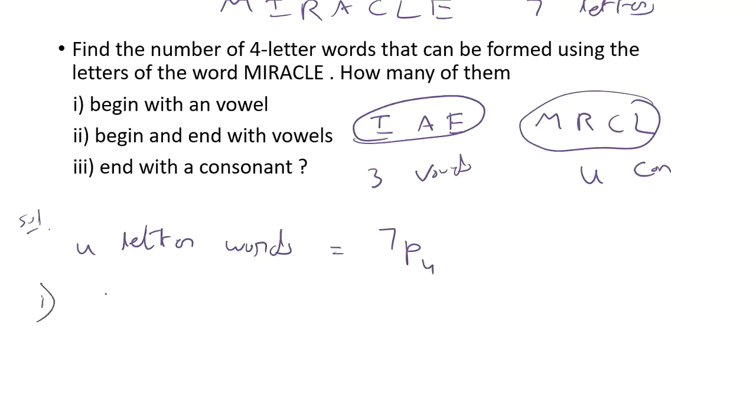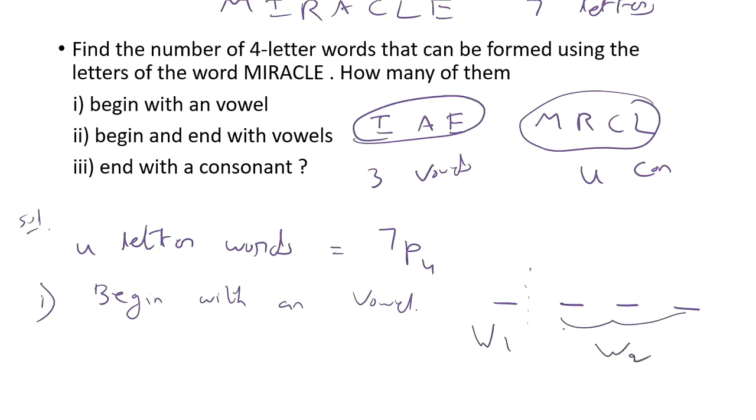What is the first one? Begin with a vowel. So we have these 4 blanks, 1, 2, 3, 4, or these 4 places. We have to fill the first place with a vowel. So let us divide this task into 2 parts, W1 and W2. W1 is to fill the first place with a vowel. We can fill the first place with a vowel in 3 ways.